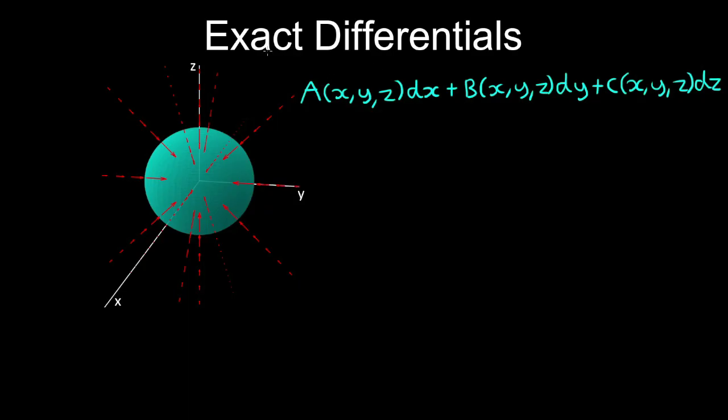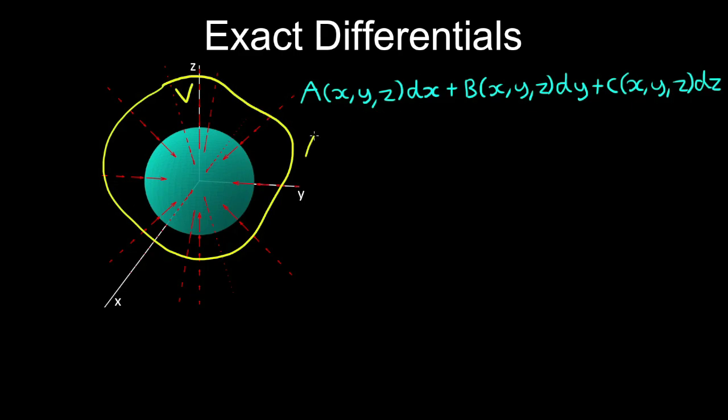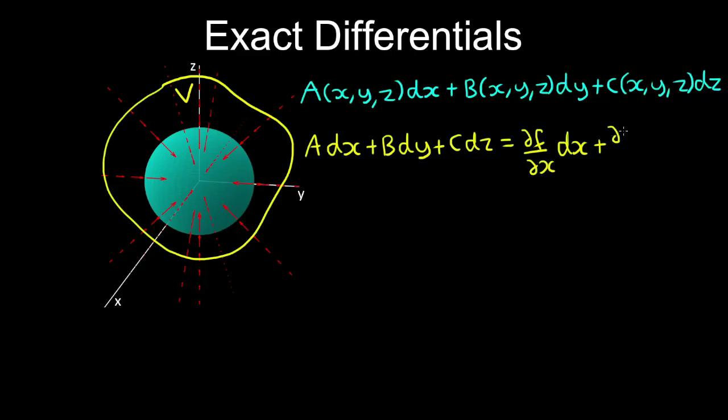So this differential form is exact on a domain in space, which we'll call V, if the differential form, which we'll write in shorthand notation as a dx plus b dy plus c dz, is equal to the partial of a function f with respect to x dx plus the partial of f with respect to y dy plus the partial of f with respect to z dz.